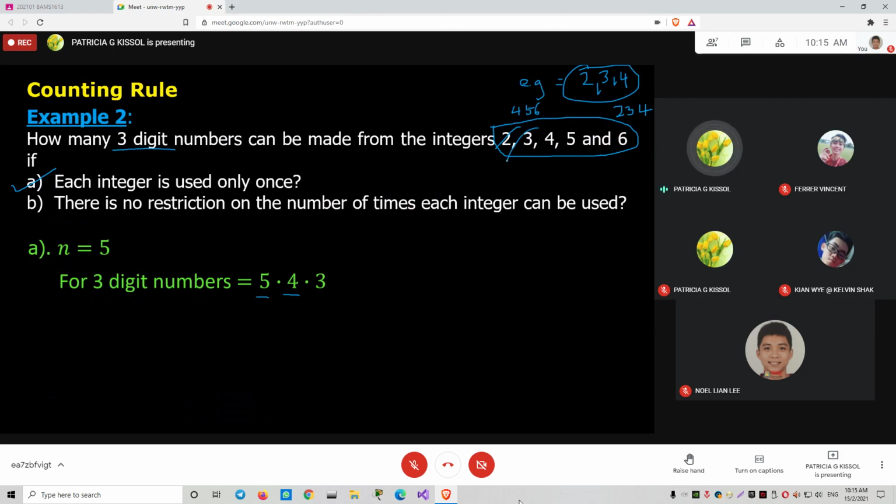Then you choose another number, and you only have 3 numbers left. So for part A, for 3-digit numbers, you have 5, 4, 3. Multiply all that, you have 60 ways. Is that clear?